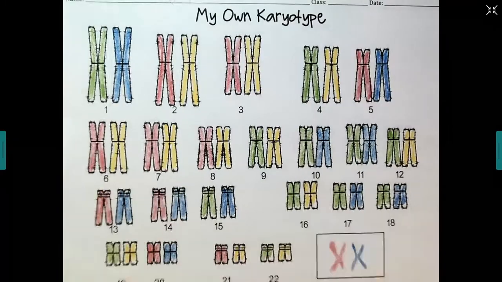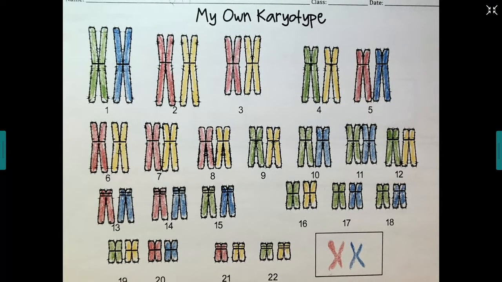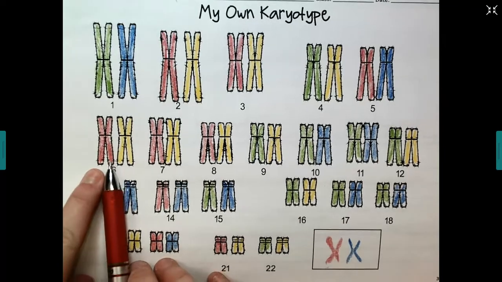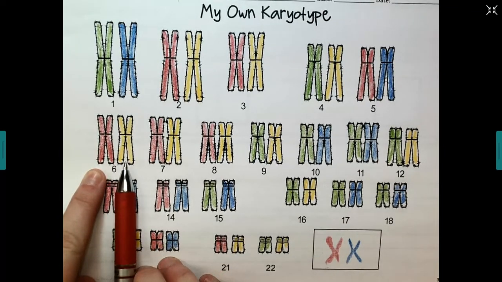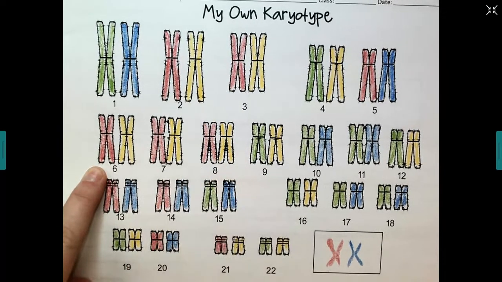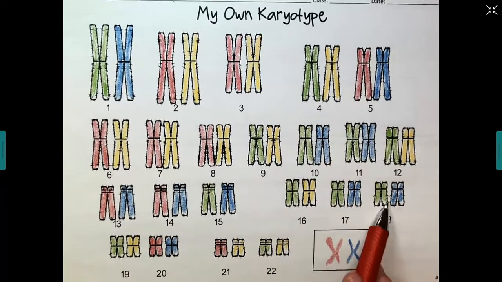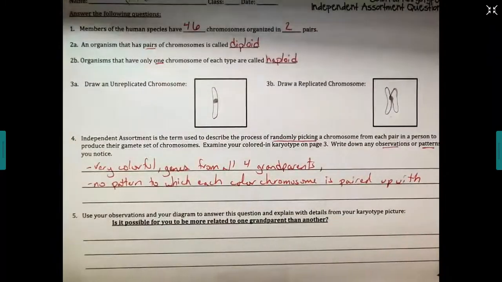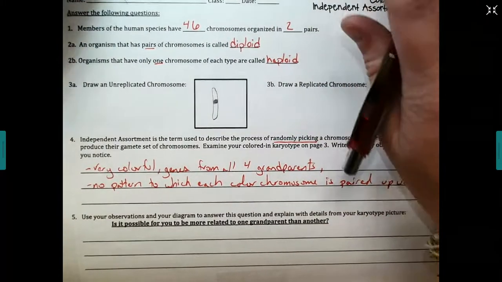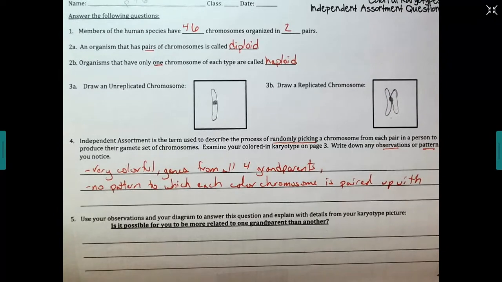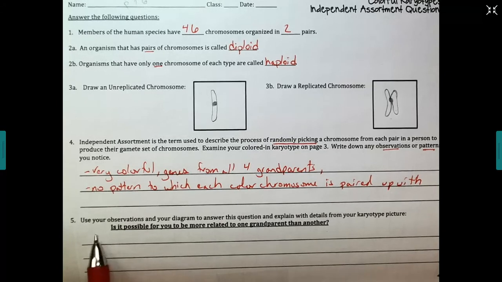It's not like there was a rule or a law in place telling the red chromosome that it had to pair up with the yellow. It did on quite a few occasions, but yellow also paired up with green, green paired up with blue. So there really is no pattern to which chromosome color was paired up with another one. The paternal grandparents could have combined, and the maternal grandparents could have combined.